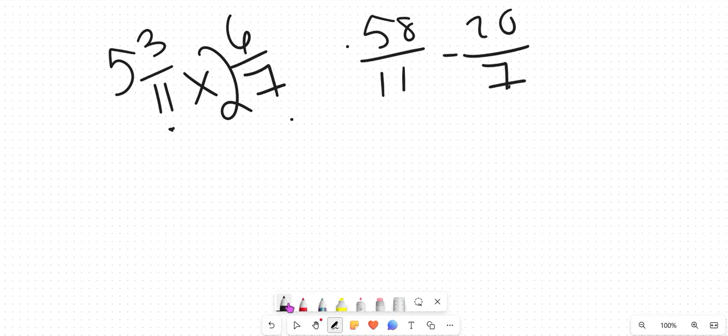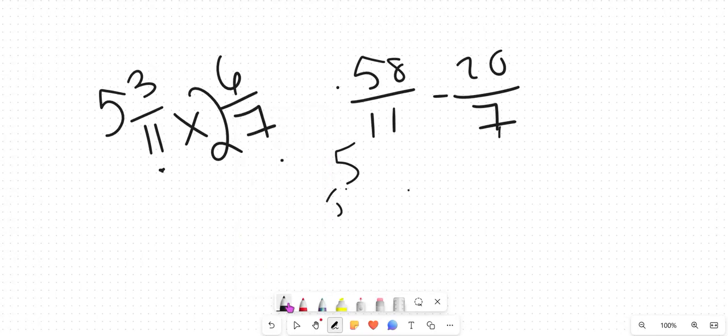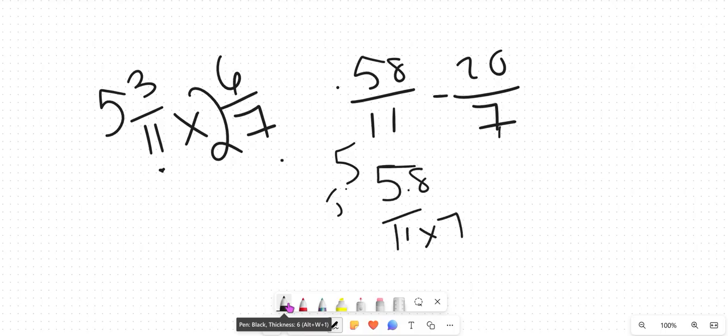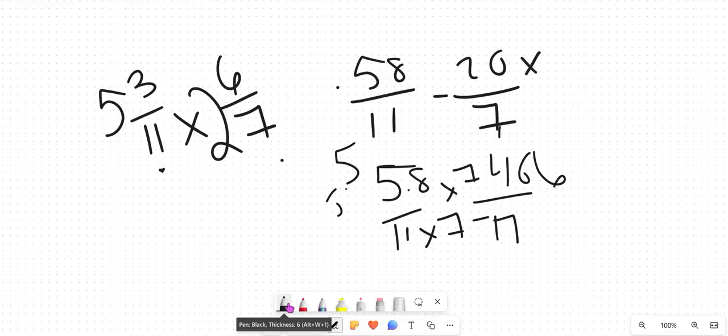And the least common multiple of 11 and 7 is 77. And so for the first fraction, 58 over 11, we're going to multiply it by 7, get 77. And then for the other side, we're going to multiply by 11.